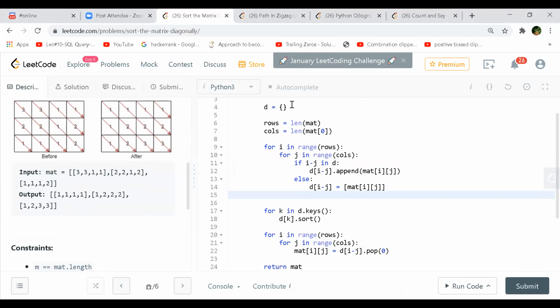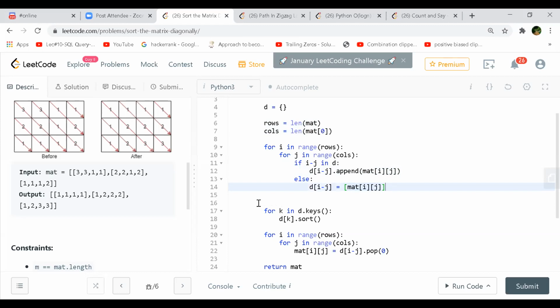I've taken one dictionary and calculated the rows and columns of the matrix and just go through each element of the matrix, and whenever you find that this particular index is already in your dict, you append that element to it. Corresponding to each key there will be a list of values. And if it's the first time, then you make a first slot.